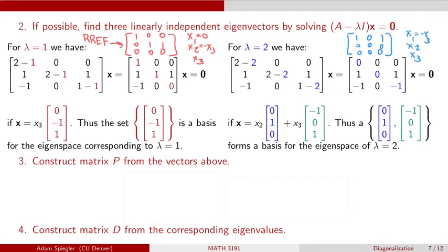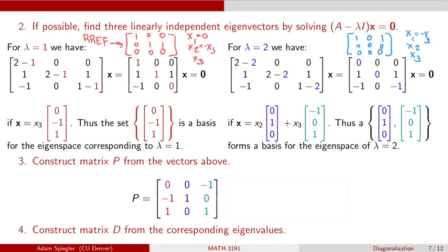And notice these two vectors in this eigenspace are linearly independent from the first vector that we already found for lambda equals 1. So now we've got 1, 2, 3 linearly independent eigenvectors for matrix A. So that tells me matrix A is diagonalizable.